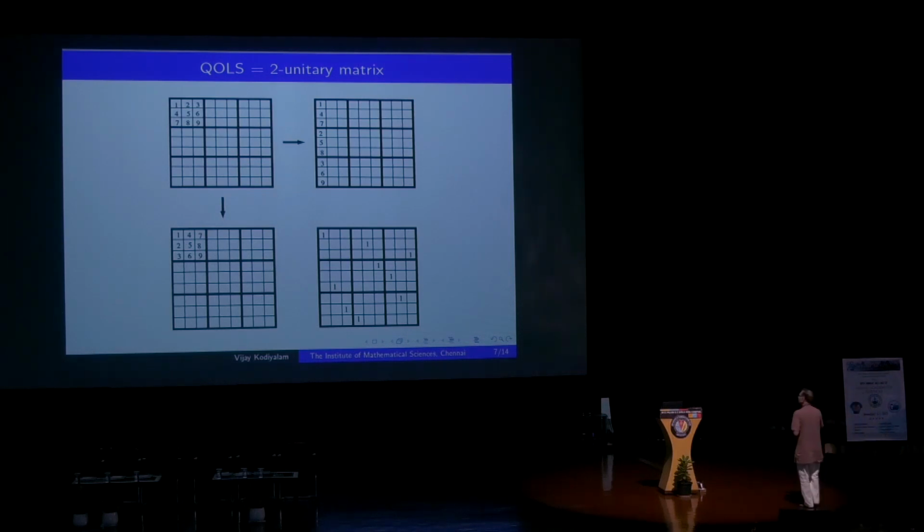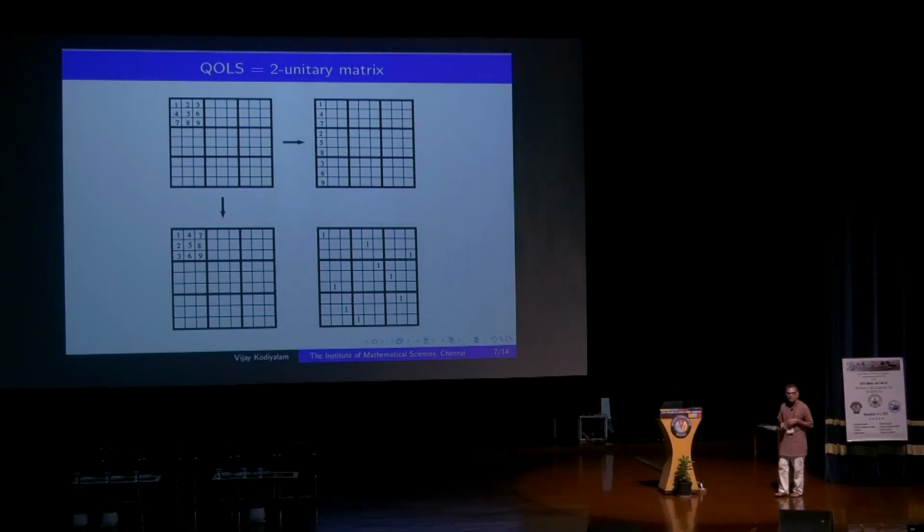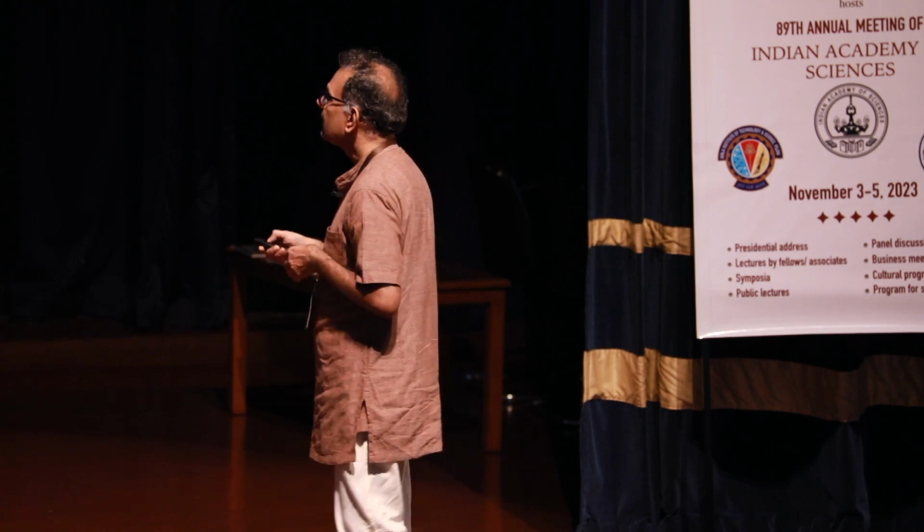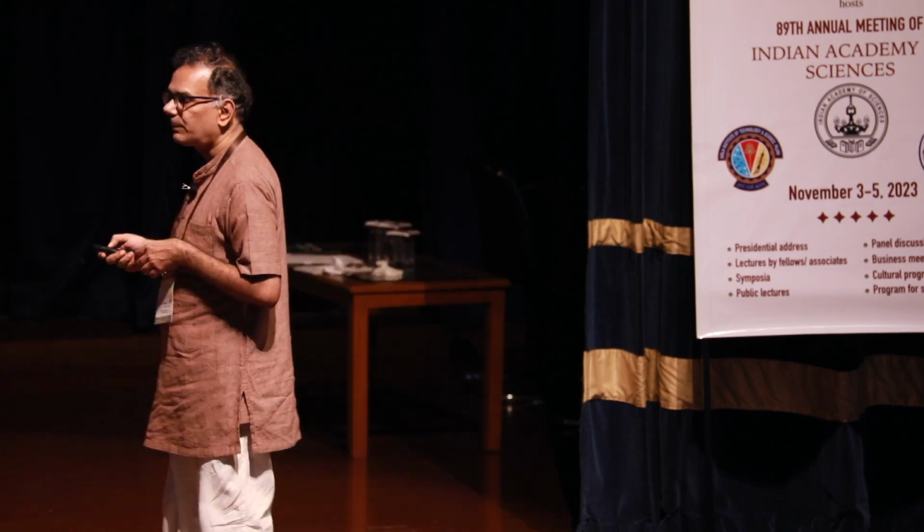Okay, so an example of a 2-unitary matrix of size 9 is given here, right? And the reason I have given this example here is that this is a unitary matrix, but it's much more than a unitary matrix. It's a permutation matrix. It has only zeros and ones as entries. All these blank entries are 0, and then you have these ones in these places. And you can do the realignment or the partial transpose.